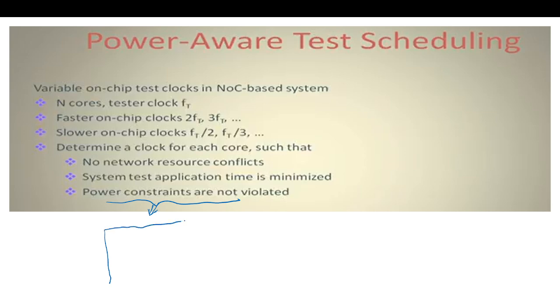resource conflicts. If we have a network on chip, we will have a router within this core in the same die.